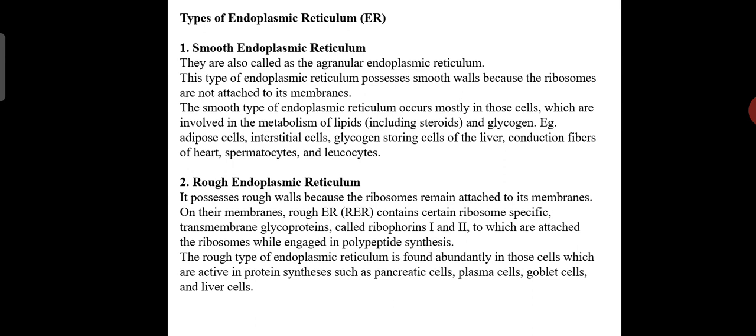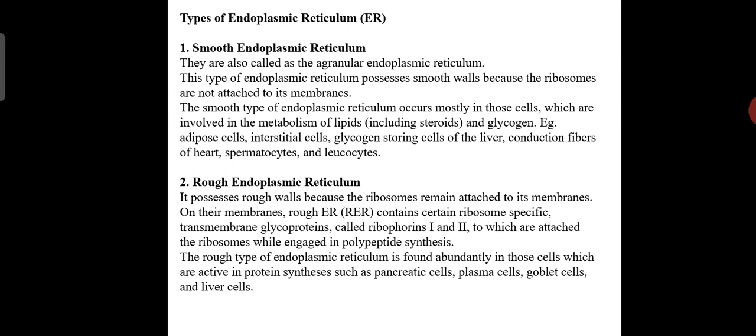The smooth type of ER occurs mostly in those cells which are involved in the metabolism of lipids, including steroids and glycogen. Examples: adipose cells and intestinal cells, glycogen storage cells of the liver, conduction fibers of the heart, spermatocytes and leukocytes.